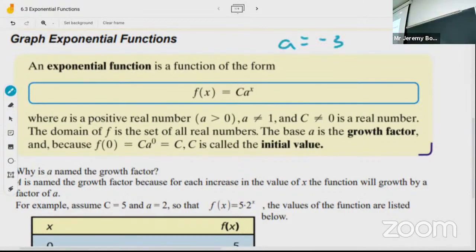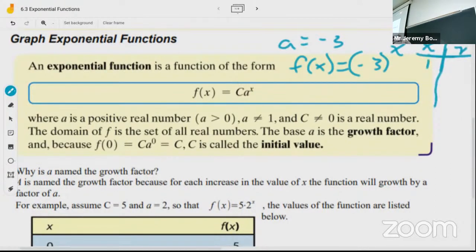Then we'd have f of x is equal to -3 raised to x. Let's start with x equal to 0. What is it going to be then? It's going to be 1, remember?